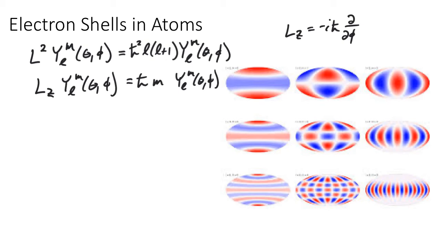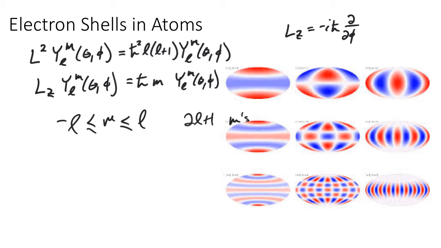I should say the properties of the M's in the Y_LM: M will always be between L and minus L. So there are 2L plus 1 M's in every L. And so coming back here, these are L equals 2, and you have M equals 0, M equals plus or minus 1, and M equals plus or minus 2.